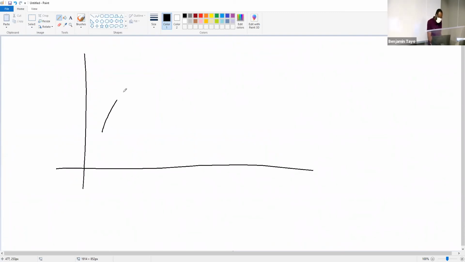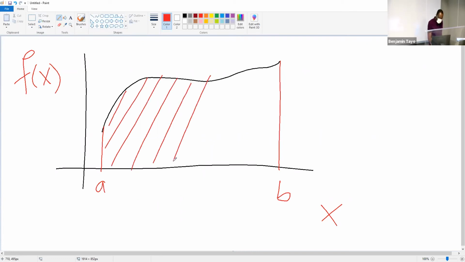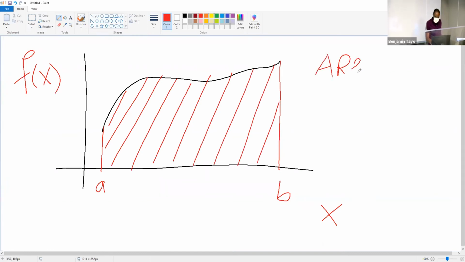In calculus, suppose you have a function that looks like that, and this is point A, and this is point B. So this is the function f of x, and this is x. And we want to calculate this area under the curve.